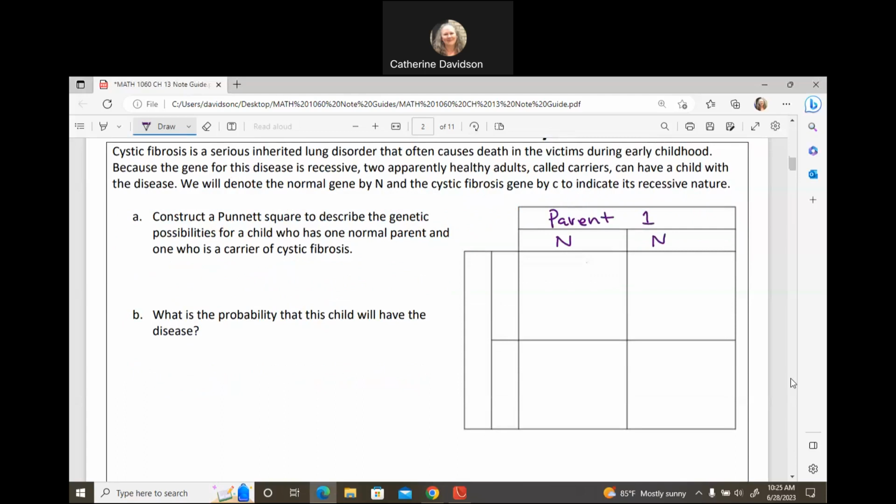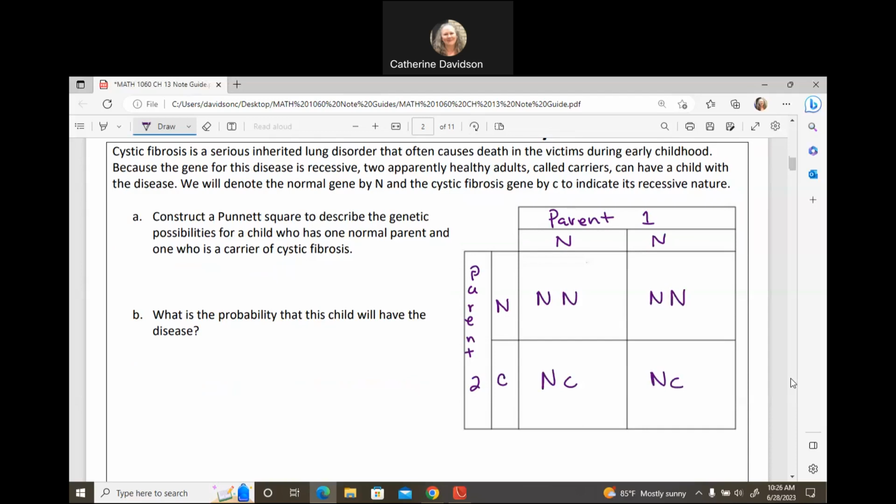The second parent is a carrier, so they have a normal gene and they have the cystic fibrosis gene.